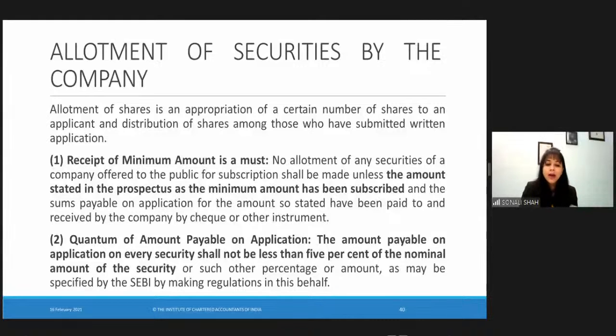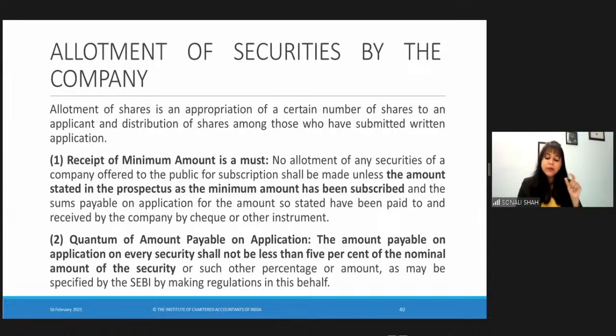But this requirement of minimum subscription is not required for offer for sale, right? And there has to be a minimum application value, which is 5% of the nominal value. But for offer for sale, the minimum application value is 100%.